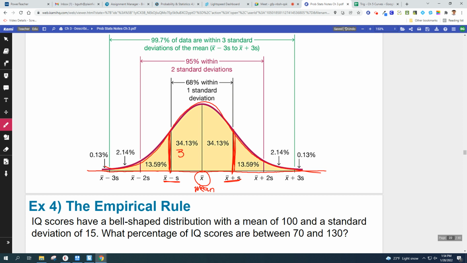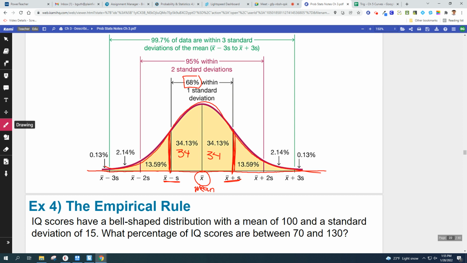Essentially, I'm going to round off here, but 34% of the numbers are right here and 34% of the numbers are right here. And so what they're saying is 68% of the numbers are within 1 standard deviation from the mean.